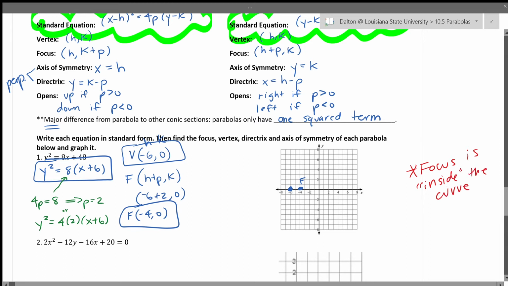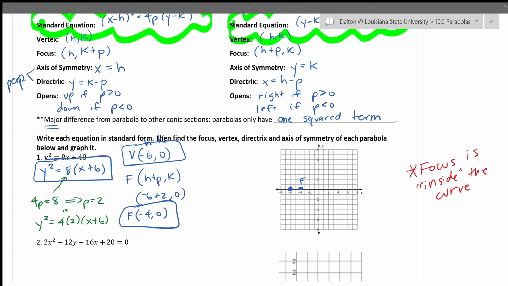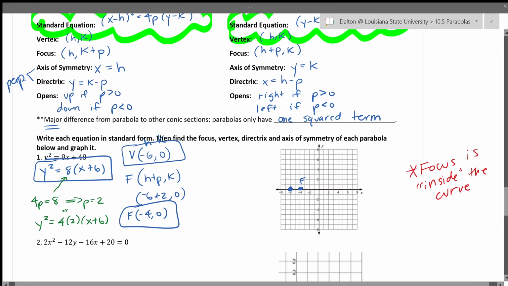No matter if we're dealing with an ellipse, obviously it's on the inside, but a hyperbola, the focus is on the inside, and for this parabola, the focus is on the inside, which solidifies that this is going to open up to the right. So we have the vertex, we have the focus. The next thing we need to find is the directrix line, so you can just shorthand that, labeling it with D.